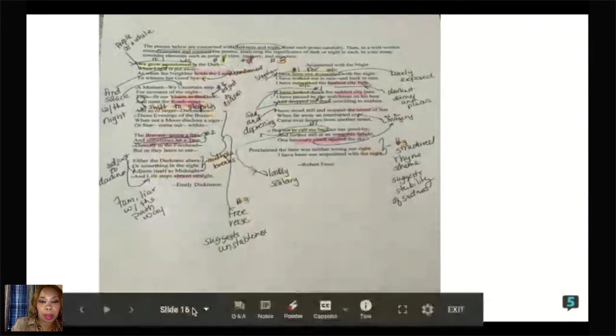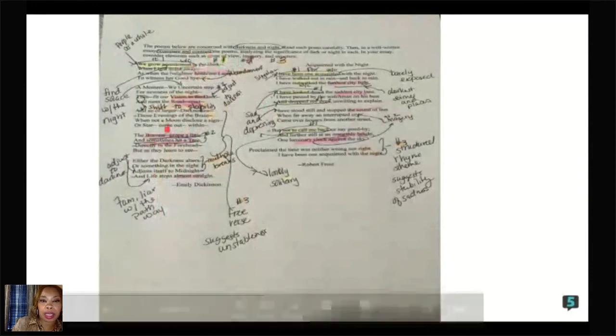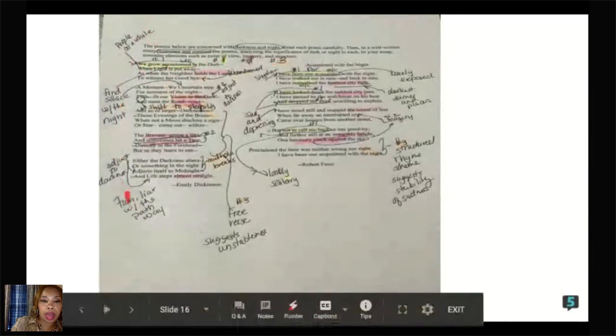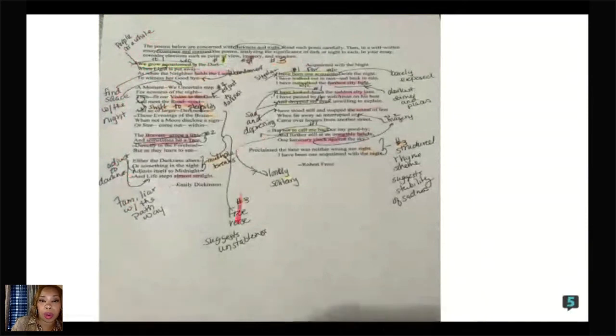All right, so again, just to recap, I have highlighted my text evidence. I've used 3 different colors. That was enough, and I did it so that you all could actually visualize that. Text evidence is what's highlighted, and then my commentary, or what I write about that text evidence, is what's annotated in the margins or between the poems.